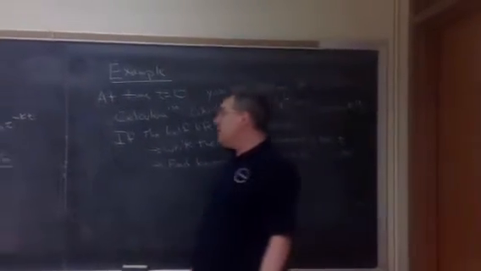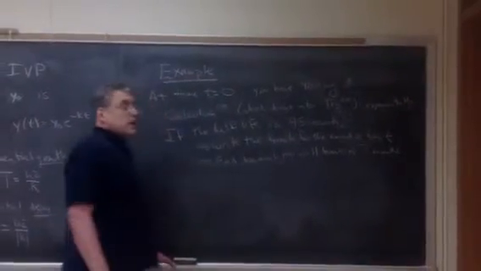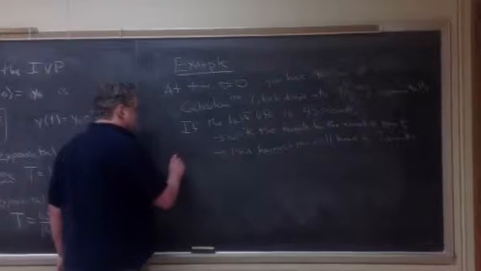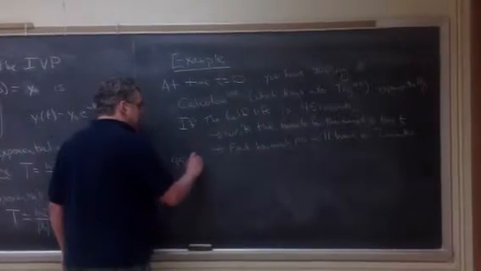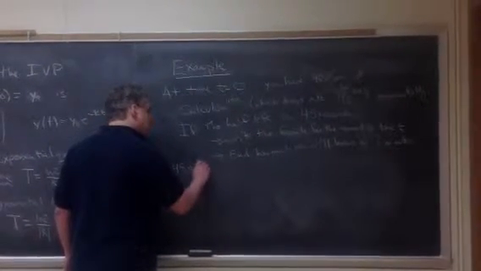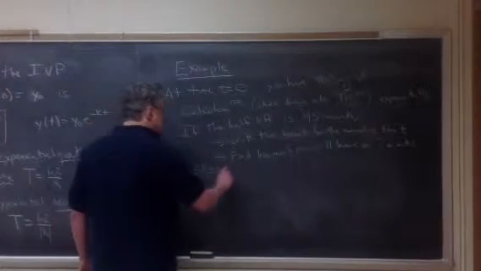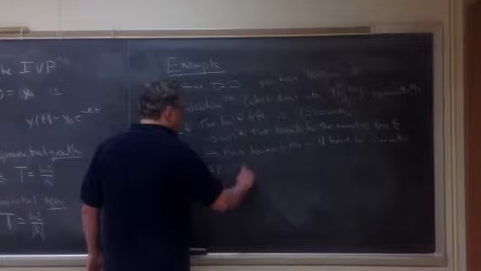We need the initial amount, y naught, and k. But we know the half-life is 45 seconds, and that's equal to the natural log of 2 over k. So k is the natural log of 2 over 45.